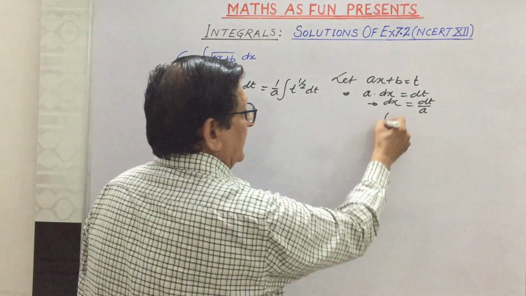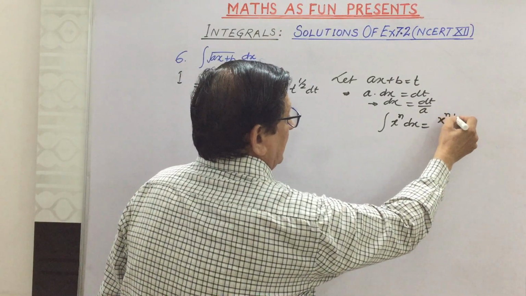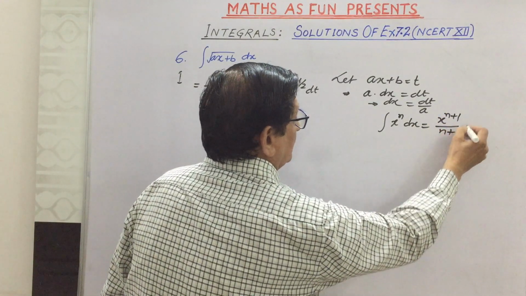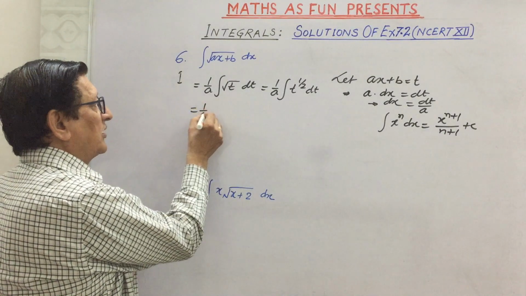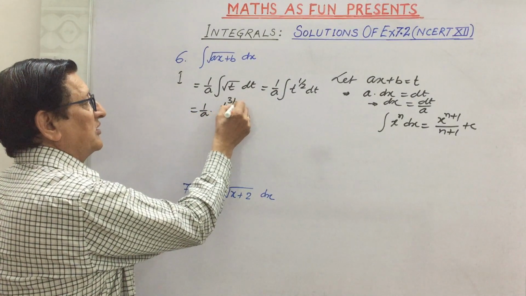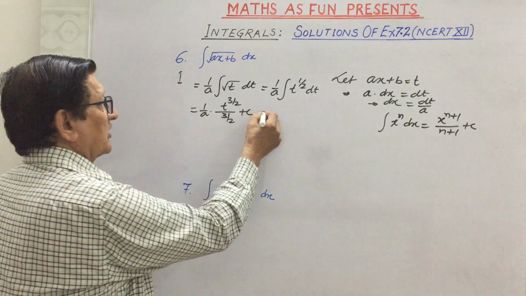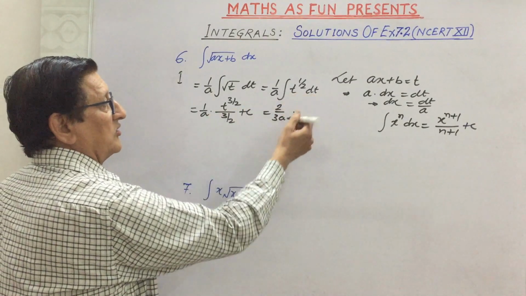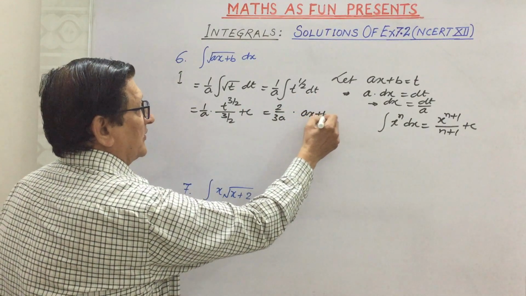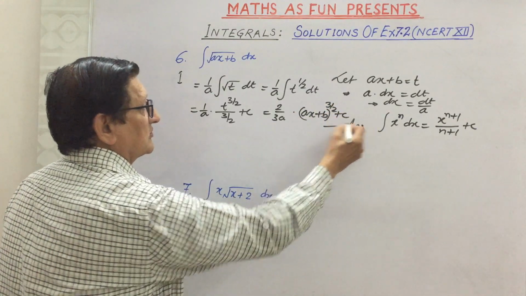And we know the integral of x power n dx is x power n plus 1 upon n plus 1 plus c. If we apply that here, we will be getting 1 upon a t power 3 by 2 upon 3 by 2 plus c. We can also write this as 2 upon 3a into, substituting the value of t, that is (ax + b) power 3 by 2 plus c, which is the answer to the problem.